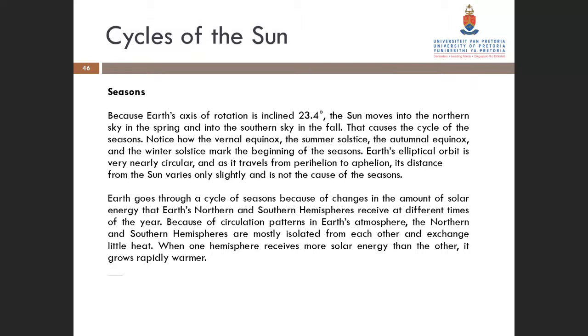Earth goes through a cycle of seasons because of changes in the amount of solar energy that Earth's northern and southern hemispheres receive at different times of the year. Because of circular patterns in Earth's atmosphere, the northern and southern hemispheres are mostly isolated from each other and exchange little heat. When one hemisphere receives more solar energy than the other, it grows rapidly warmer.